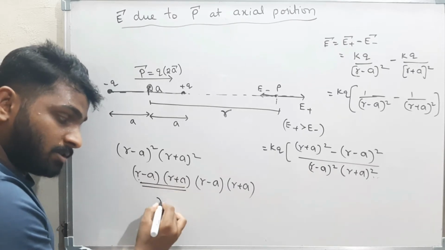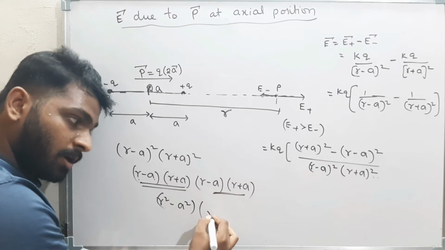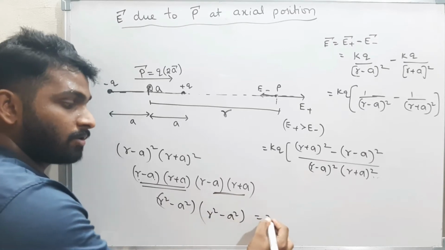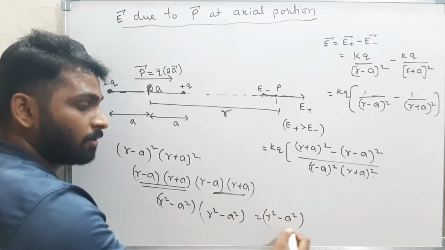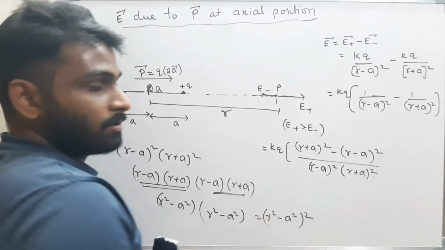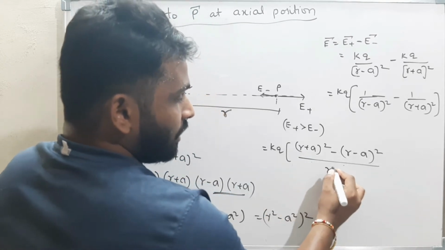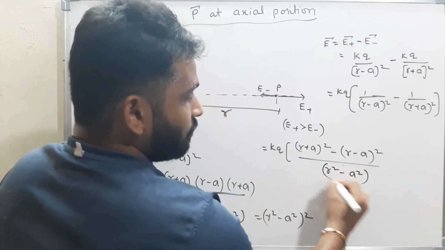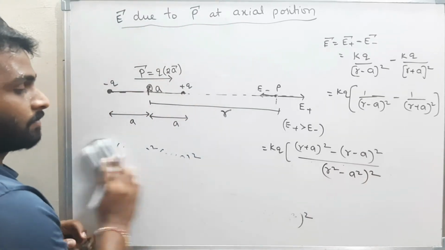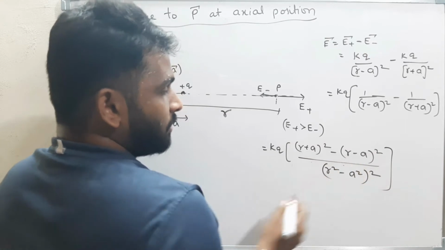This two I can write as R square minus A square, and again this two as R square minus A square. Therefore, R square minus A square whole square. I think this is clear. Now I am keeping that.